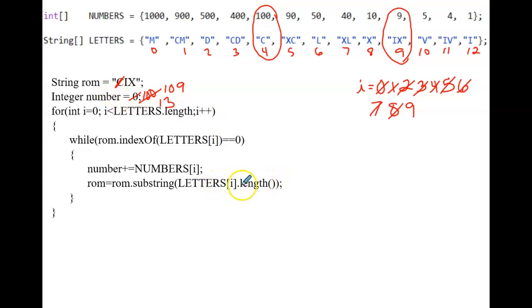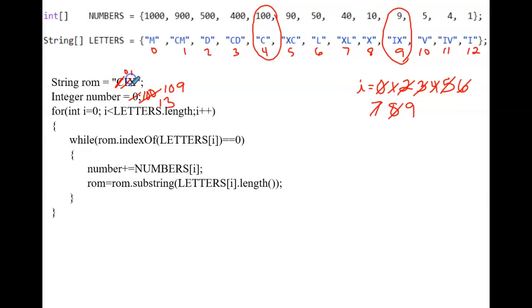Then we're going to take the length of that IX, which is 2, and we're going to reassign that substring starting at index 2. And this is 0 and 1. And since that's outside of the end of our substring, there is nothing left in the substring.